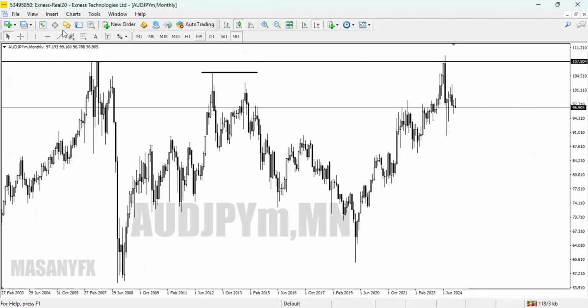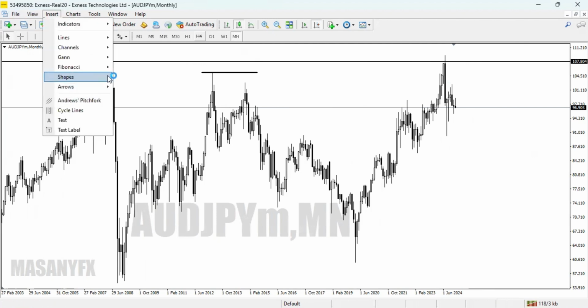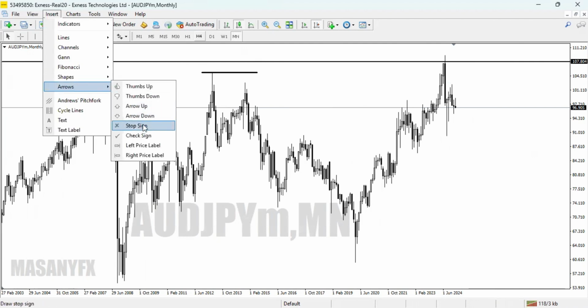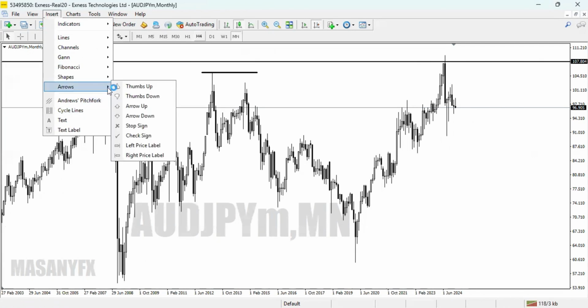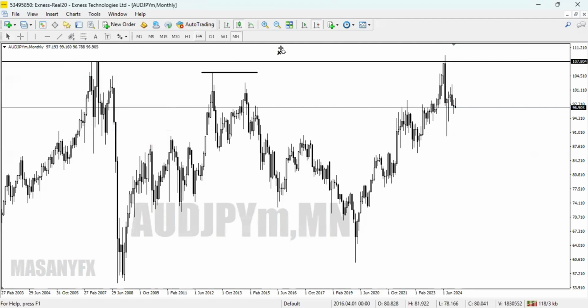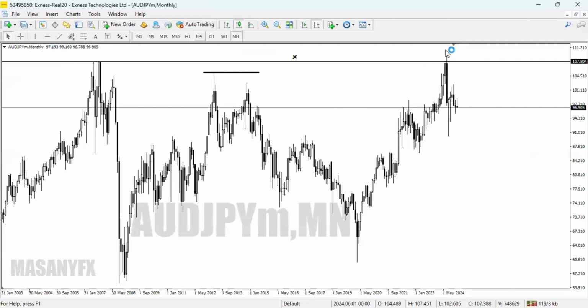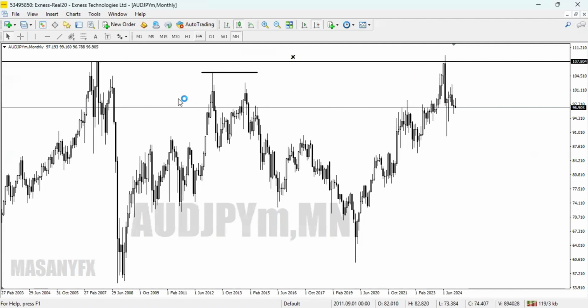So after taking all the liquidity, we are expecting it to go down. It took all the liquidity by this spike.